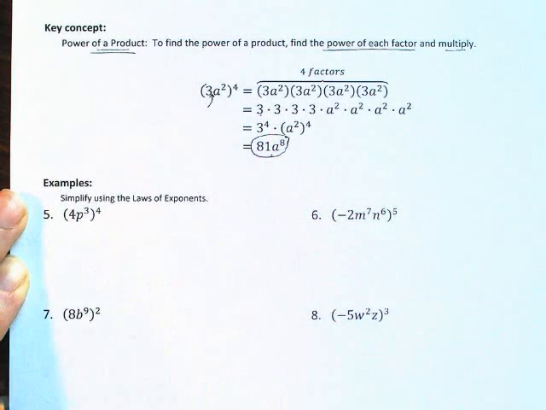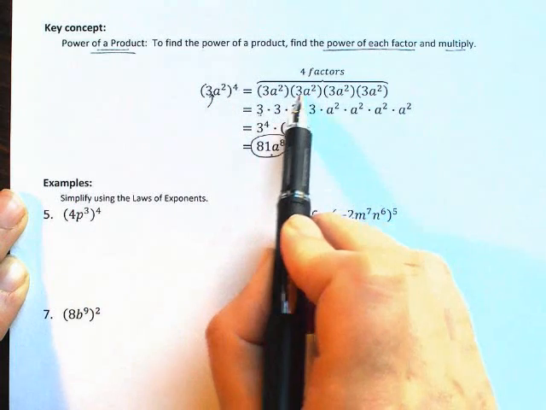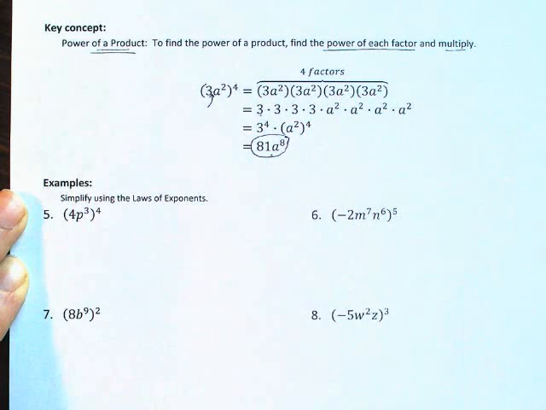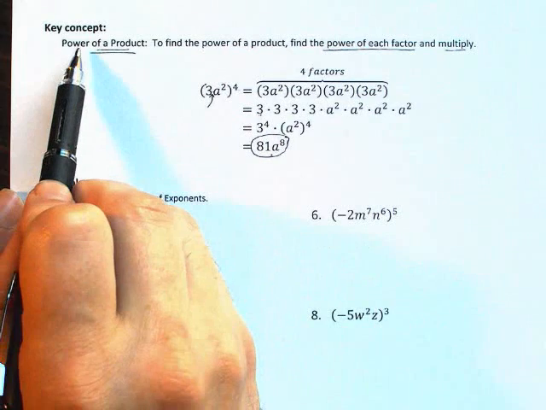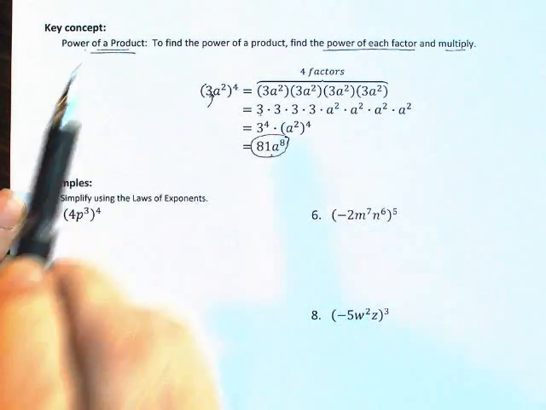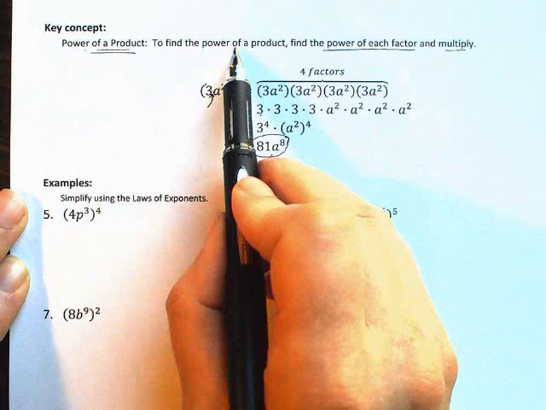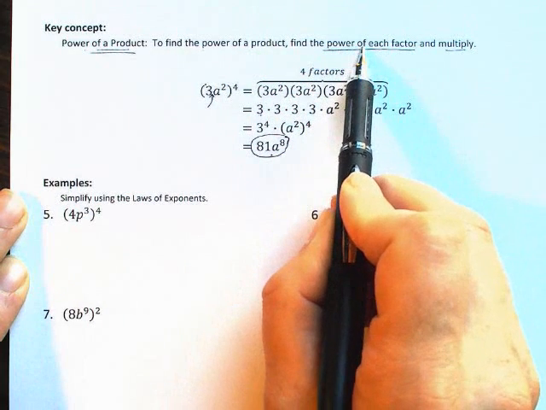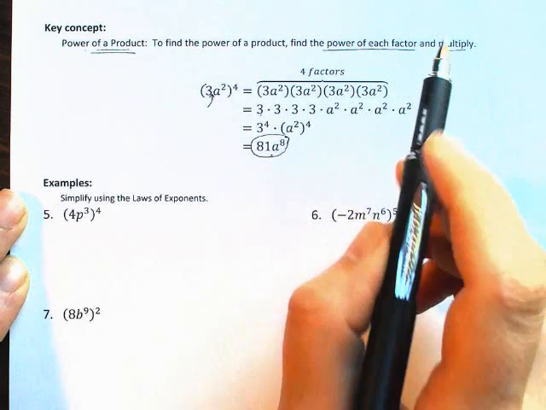Okay? But we don't want to take the time to write this all out like this. That takes a really long time to do what can be done very quickly by using the power of a product rule. To find the power of a product, here's how you do it. Find the power of each factor and then multiply.